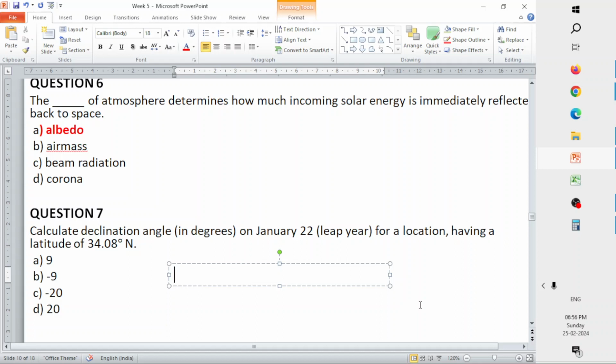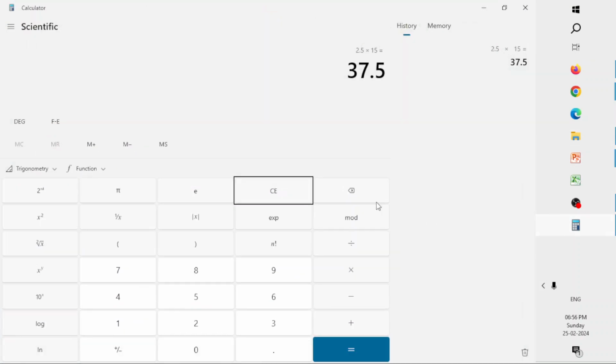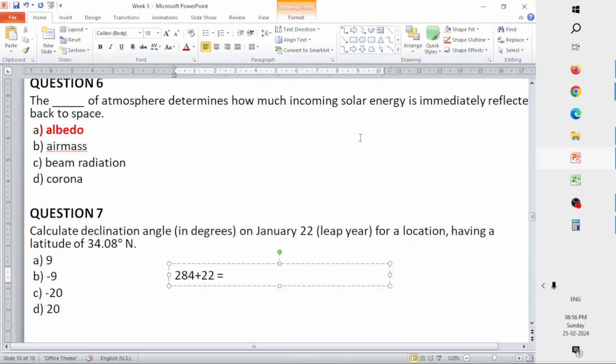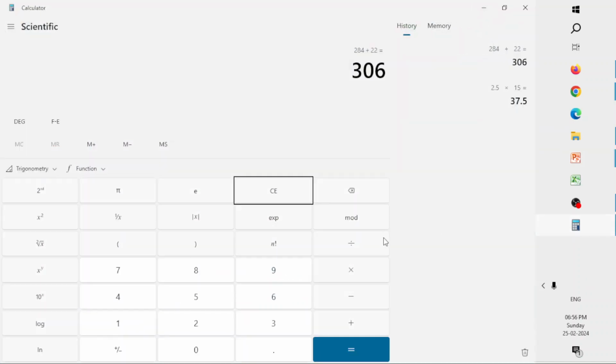January 22 is simply the 22nd day, so 284 plus 22, which is 306. This into 360 divided by 365.